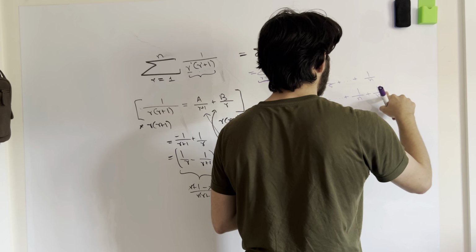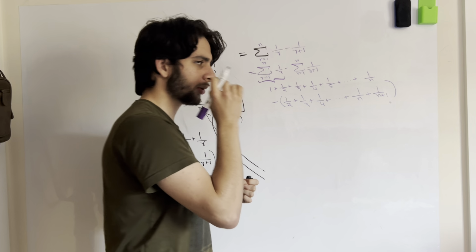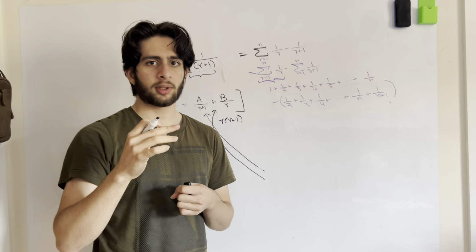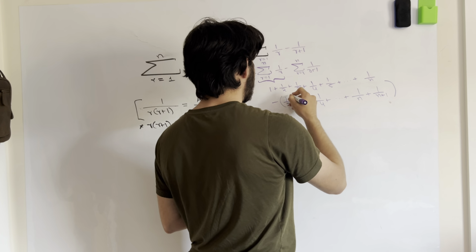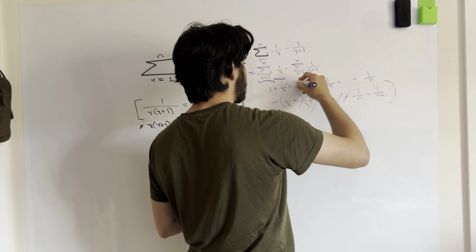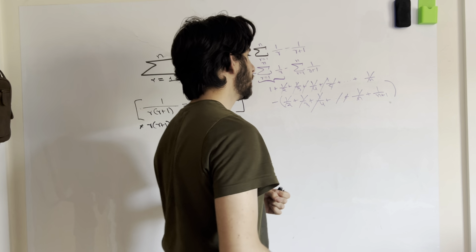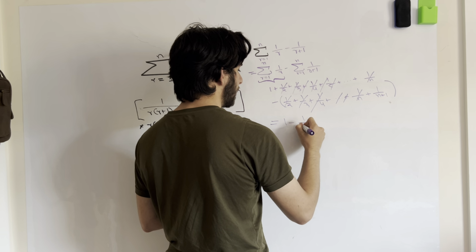I write down the terms just before the substitution for n. I write the term for n minus 1 and maybe even n minus 2, because I can clearly see right here that these are going to cancel out, plus the extra terms at the end. So what you're left with is 1 minus 1 over n plus 1.